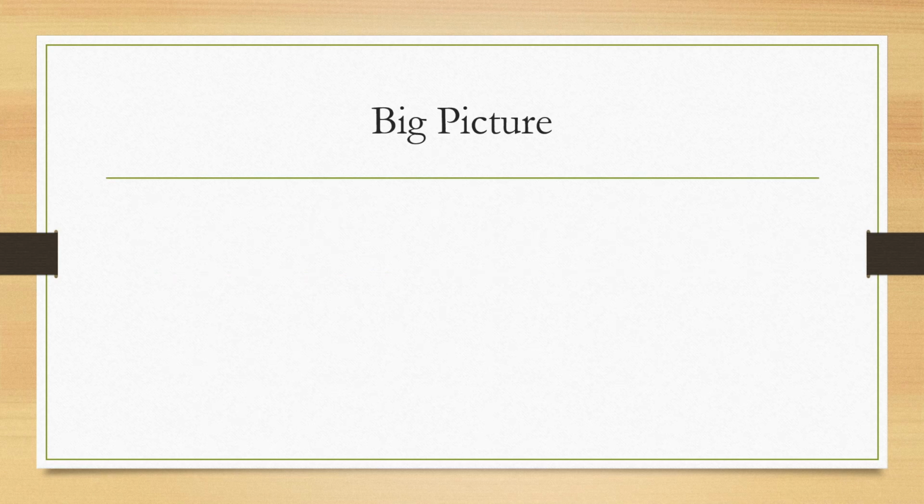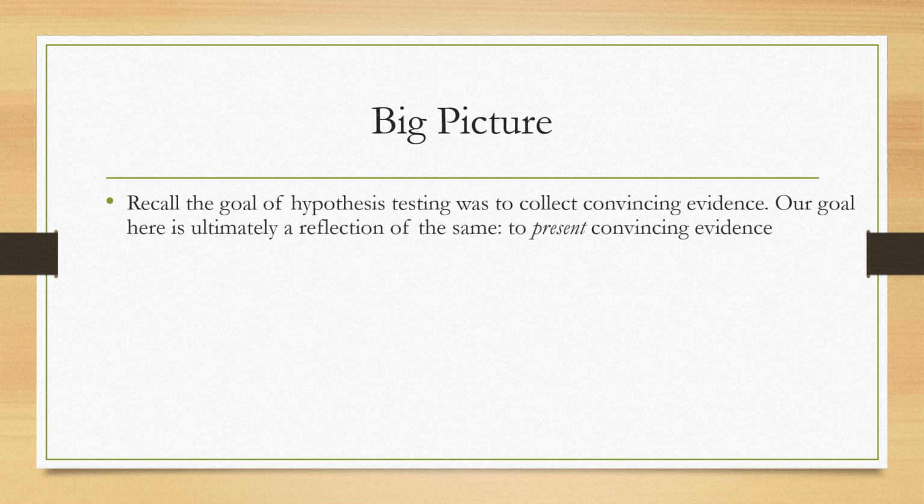So as I mentioned just a second ago, the goal is to present convincing evidence. So just like with hypothesis testing, that was what we were doing. Here, that's what we're doing too. When we tell a statistical story, our goal is to present evidence regarding whatever decision we're making and to be able to explain that rationale.